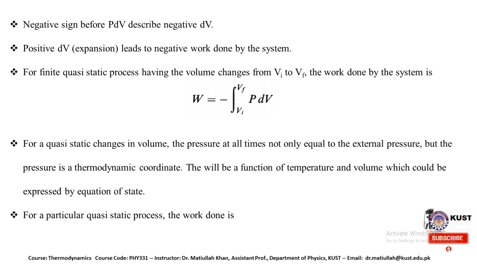So it will be a function of temperature and volume, which could be expressed by the equation of state. We can write the equation of state for this particular system. So the work done for this quasi-static process, from the initial to the final configuration, is equal to minus the integral of PdV from Vi to Vf.